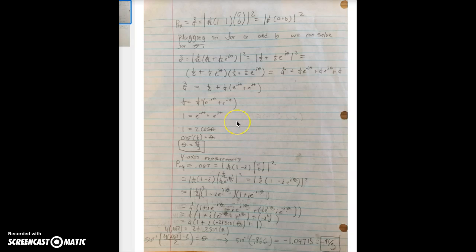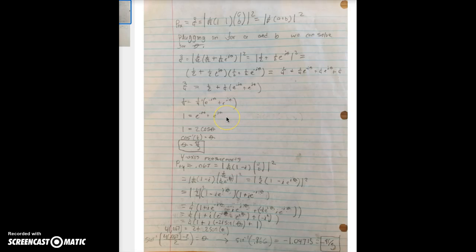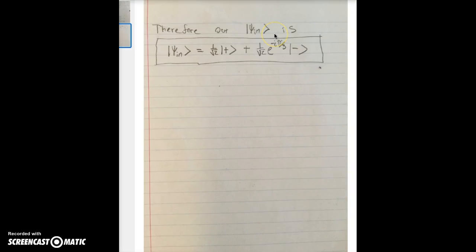So that tells us that our coefficient B has to be equal to 1 over root 2 e to the negative i pi over 3, because it satisfies all the probability measurements. So therefore, our input state is this. And this is my redo of standard 1.3.